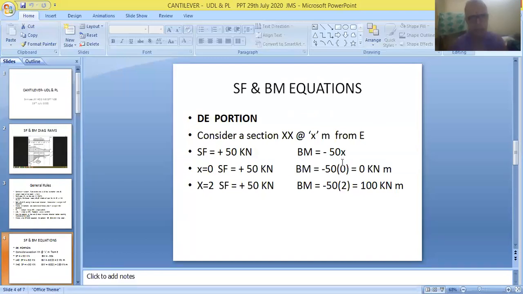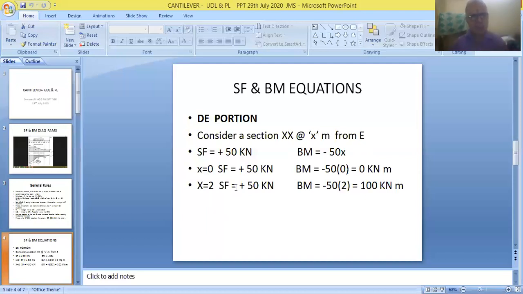It's a clockwise moment, so therefore it is written as minus 50x kilonewton meter. Now, friends, we have to fix the limits for this portion. Lower limit is taken as 0 meters, and upper limit will be equivalent to 2 meters.